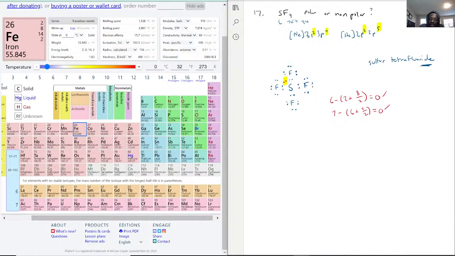And so first of all, the bond number, actually, yes, that's what I was looking for. The bond number would be 4 bonds that it has with sulfur, plus that 1 lone pair. So the bond number for sulfur is 5, okay? It has 4 bonds and 1 lone pair.